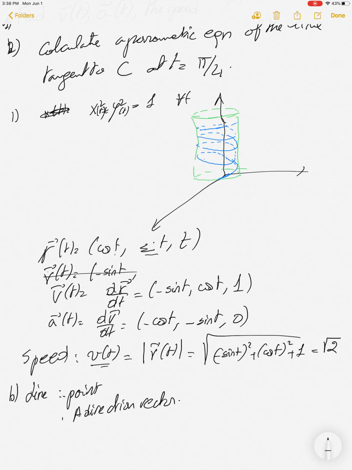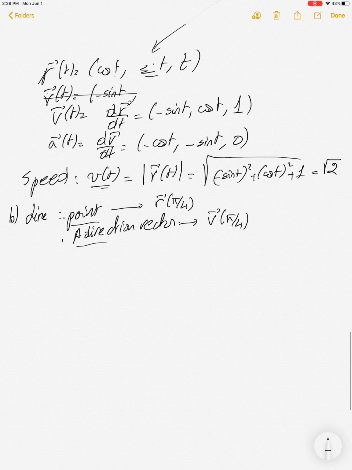So what is my point in this case? My point is r of pi over 4. Since it is tangent, with the direction of the motion, I need the slope of this line. And you know that the slope of this line is nothing but the velocity vector. So I know a point, I have the direction vector, and now I can calculate the equation of the line.